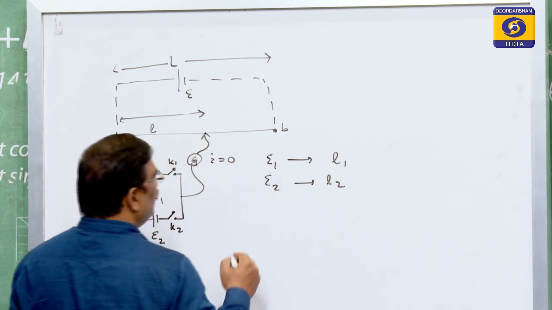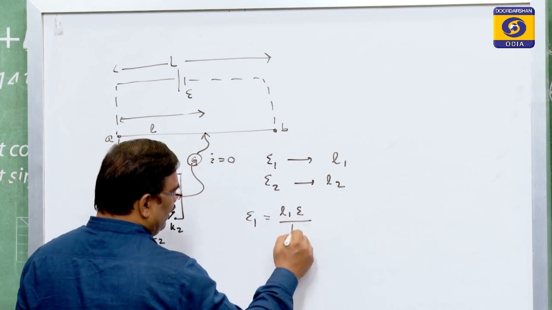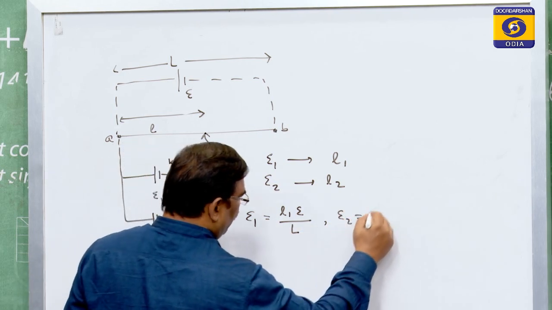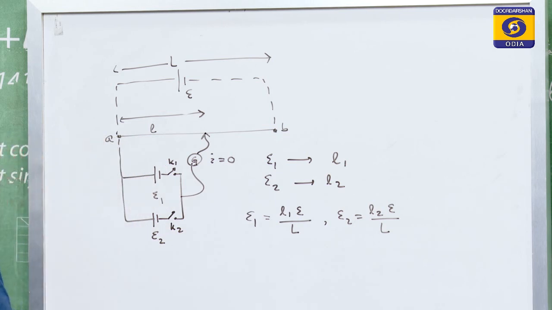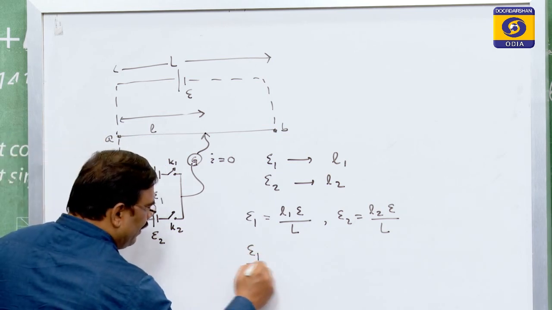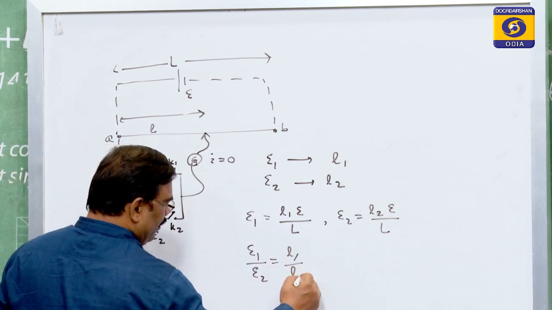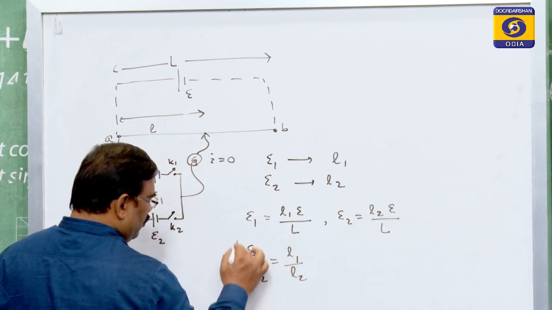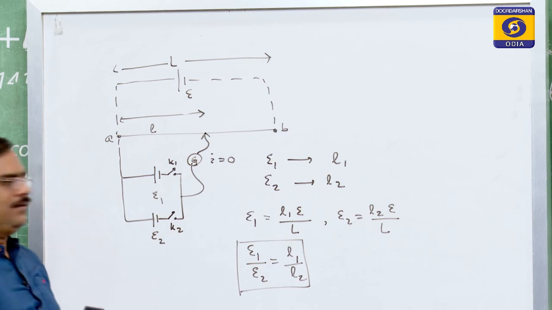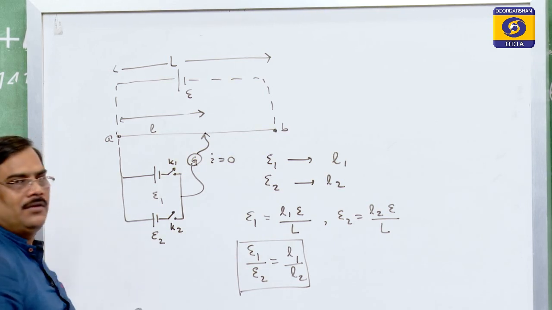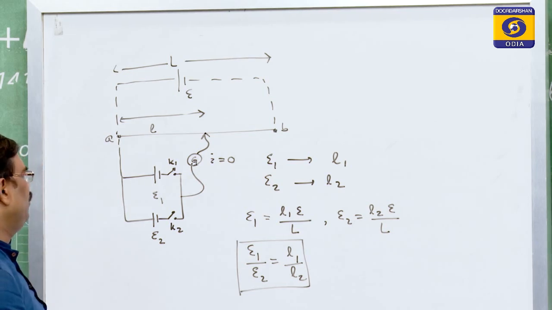So, we can write E1 equals L1 E divided by capital L and E2 equals L2 E divided by capital L. So, E1 divided by E2 will be equal to L1 divided by L2. In this way, knowing the values of L1 and L2, we can find the ratio between E1 and E2, the relation between the EMF of two cells.